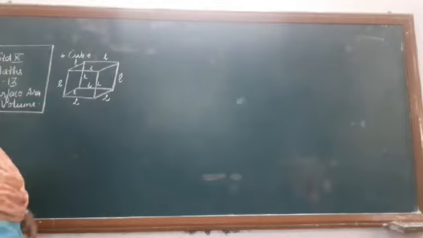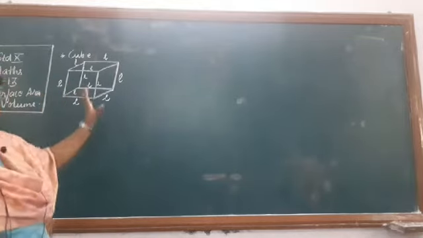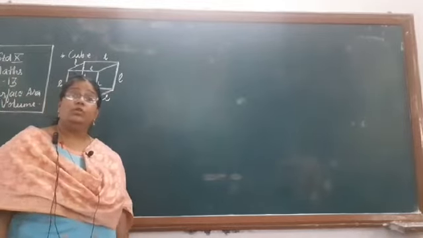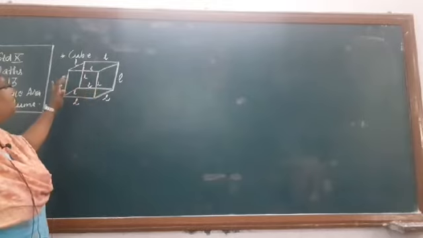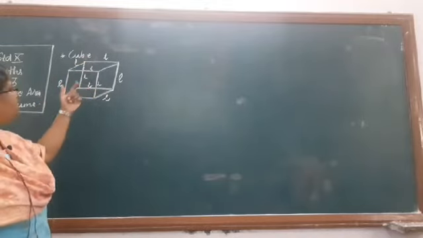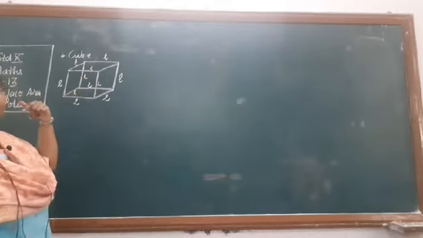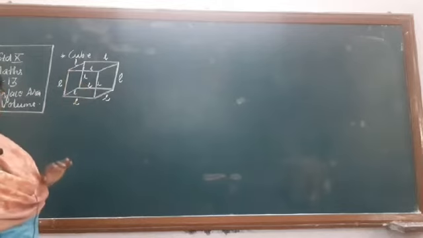You know it. Now if I ask you what are the number of parts you are observing in a cube, so you will see that there are 6 faces, top, bottom, both sides you have one face, and behind and front you will have two faces. So total there are 6 faces.